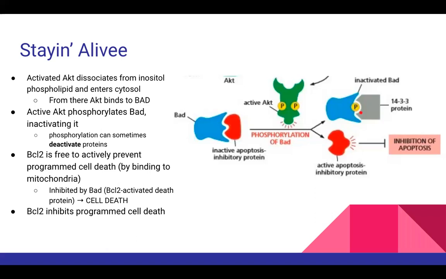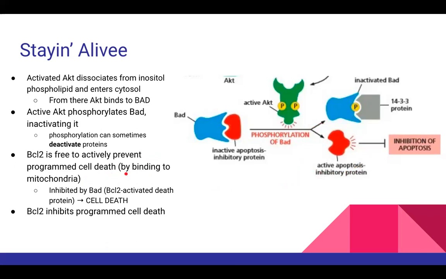So when BAD is inactive, this protein is free to go do its job and save the cell. That's what I mean here when I say BCL2 is free to actively prevent programmed cell death. And it does so by binding to mitochondria, but I don't think she focuses on this detail. I just thought it was good to include.